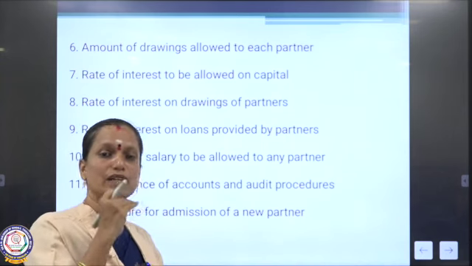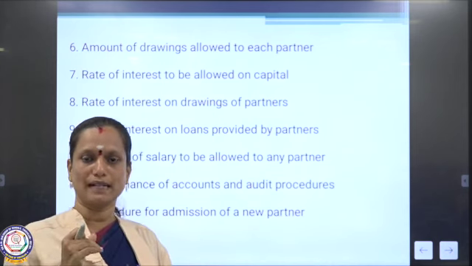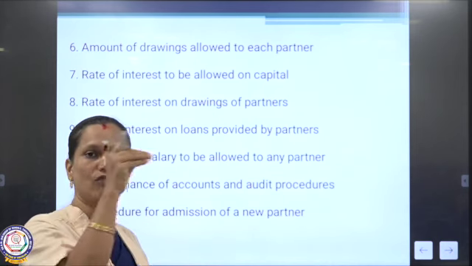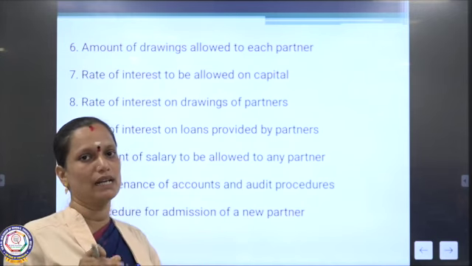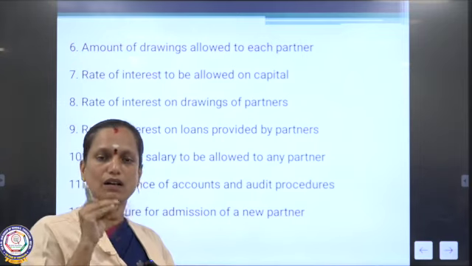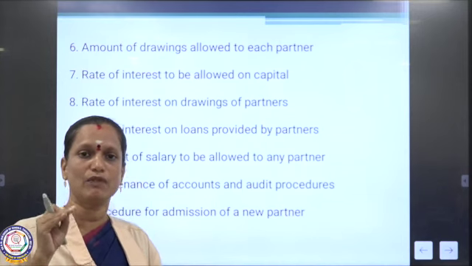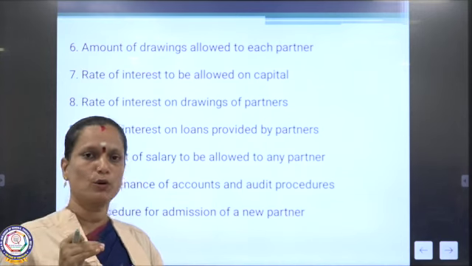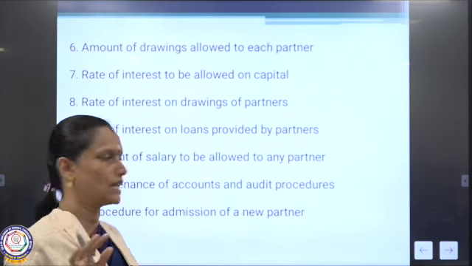So, how much interest are we going to give that partner? If we get a loan from outsiders, definitely we should pay interest, and in the same way we have to pay interest to the partner. According to the Partnership Act, 6% interest per annum we have to pay. That we have to mention in the content itself.